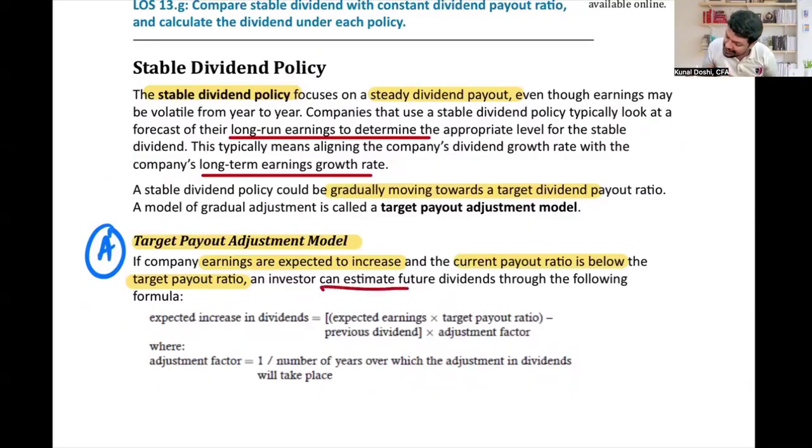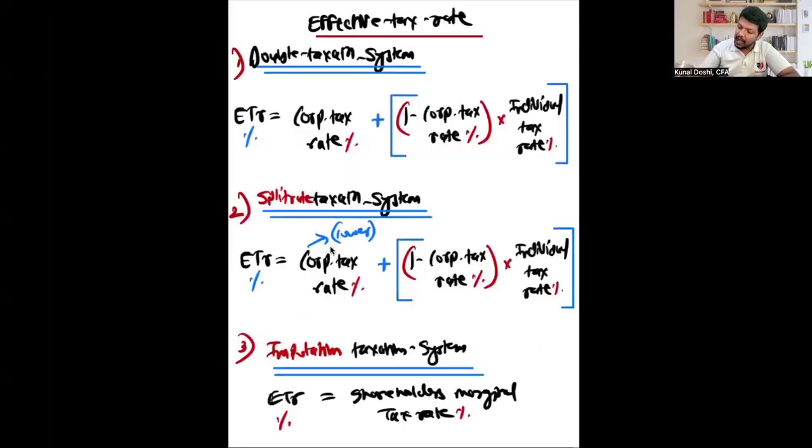So investors can estimate the future dividends through the following. Now, this is where we are going to understand two things. What is going to be the expected increase in the dividends for this adjustment, and what will be the new dividend, or the expected dividends. So I'm going to write down here the formula of what we are expecting.